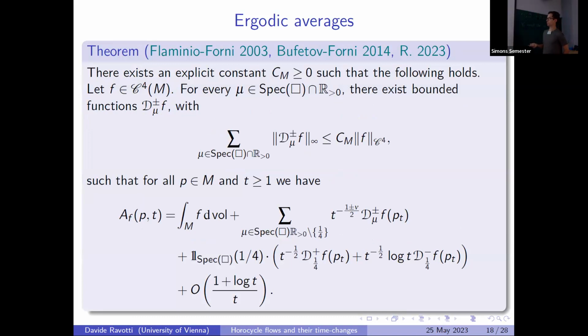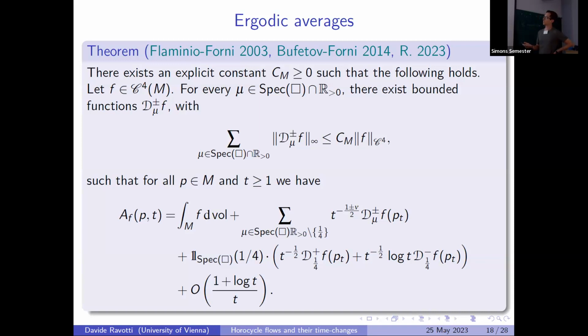What you can prove in general is that there exists some constant that depends only on the space you are in, such that the following holds. Every time you have a function that is sufficiently regular, here I'm being a bit brutal and taking a C4 function, fix one of them.